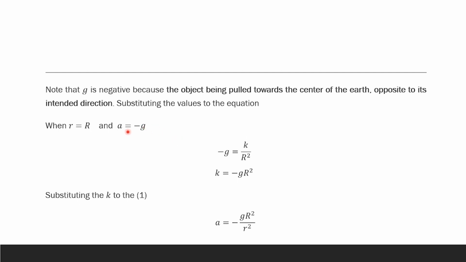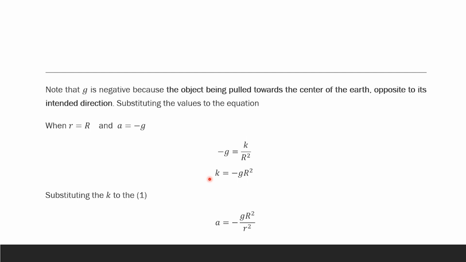So, substituting, negative g is equal to k over capital R squared. Now, our k will be negative g R squared. So, as you can see, we used an initial condition here. Now that we did that, we can substitute the value of k, as long as the initial condition is that the object started at the surface of the Earth, before it left.